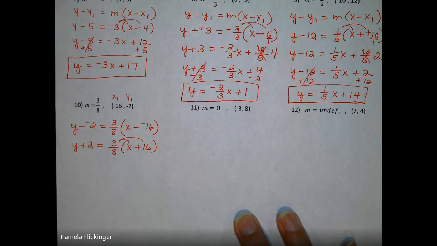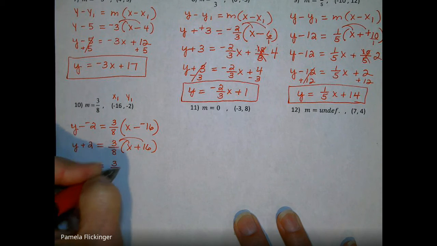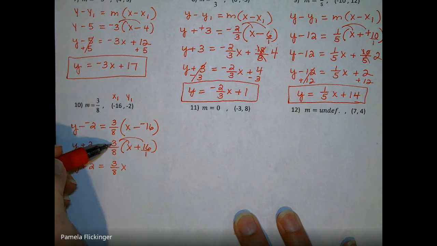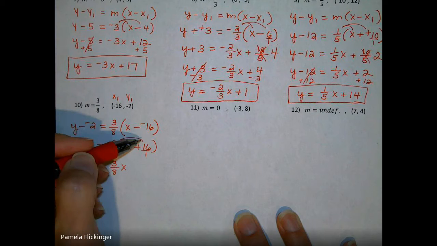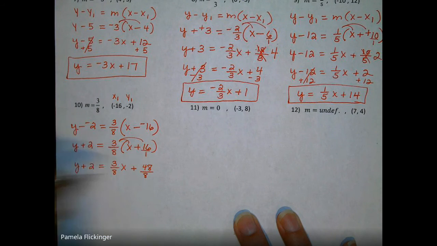So now I just need to distribute. So we've got y plus 2 equals, I'll have 3/8 x. All right, again, use your calculator, or I know I've got 3 times 16, which is going to be 48, over 8 times 1, which is 8.